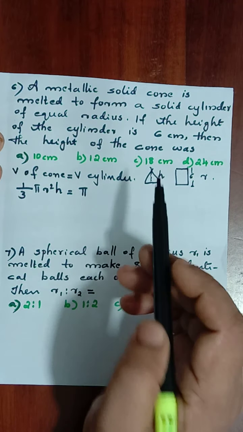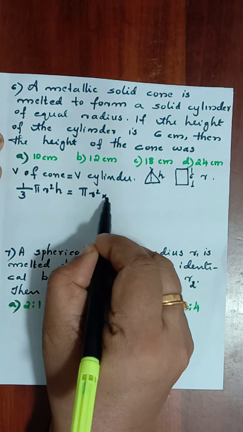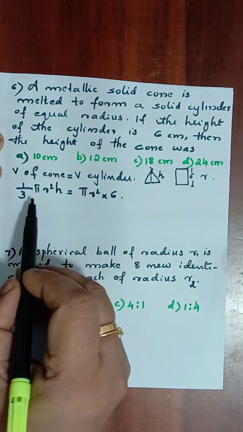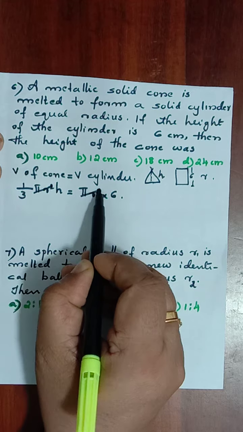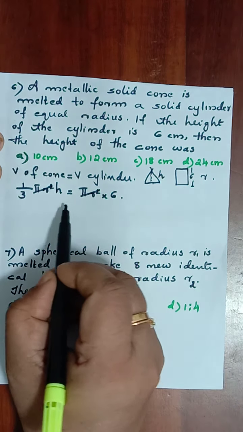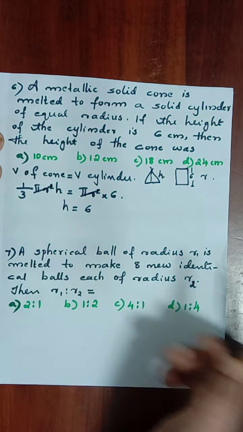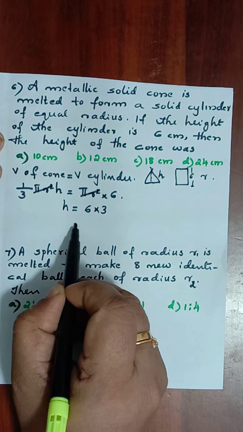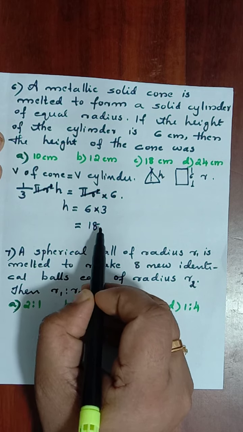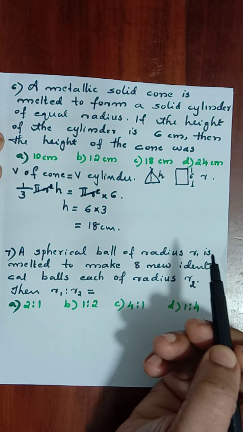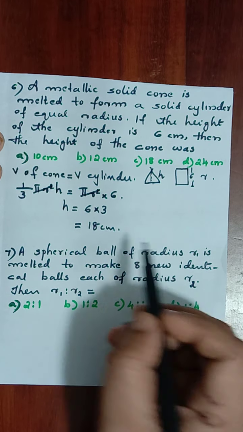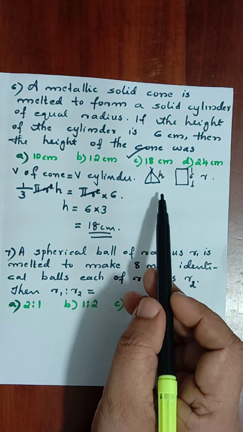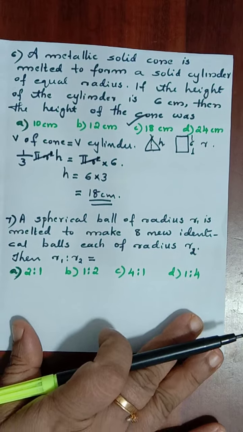Cylinder's height is given as 6. Both are having the same radius, so we can cancel pi r square on both sides. So here we have h is equal to 6 into 3, what is it equal to? 18 centimeter. So we got the answer C, 18 centimeter. That is the height of the cone.